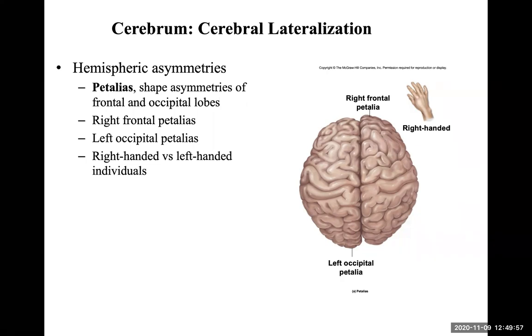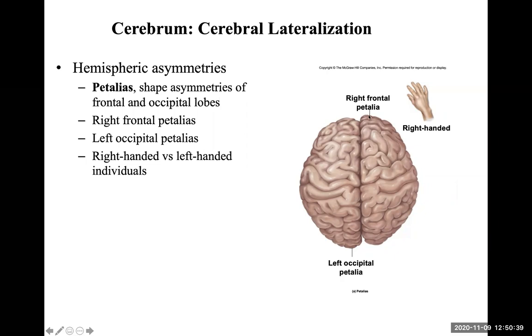So, for example, we have what are called petalia. A petalia is the phenomenon by which a portion of either the frontal or the back part of the hemisphere does not line up with the frontal or the back portion of the other hemisphere. This is not a hard and fast rule, but by and large, if someone is right-handed, they have both a right frontal and a left occipital petalia.